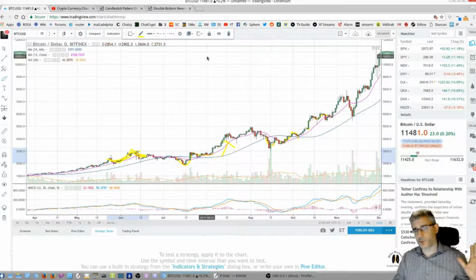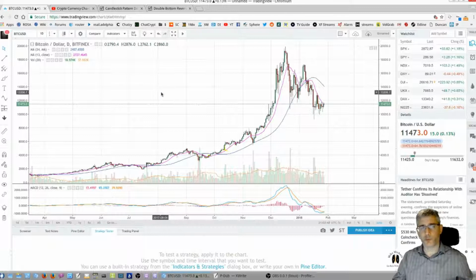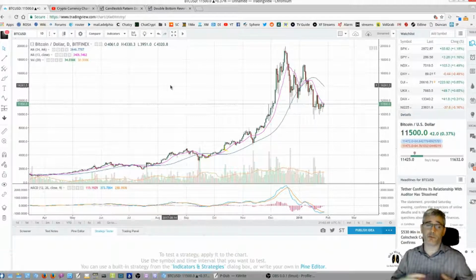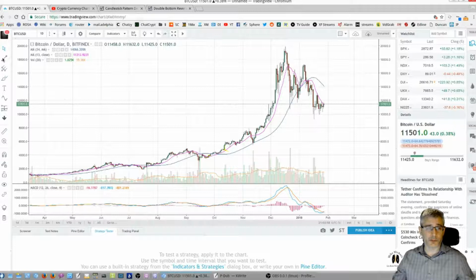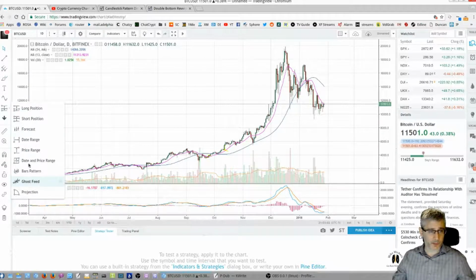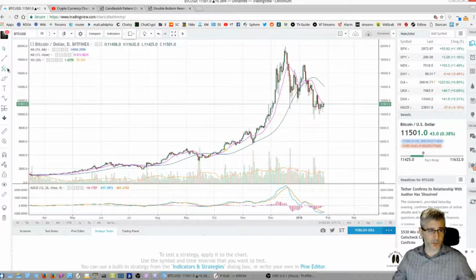So now let's draw some triangles and try to figure out where we think Bitcoin is headed. Alright, the first thing, if we're looking at a daily chart, we're getting a really big picture. So we're thinking like far out time frame when we're looking at the day chart. So for that, I usually use two tools. I use Elliott Wave, as we talked about in the other video.